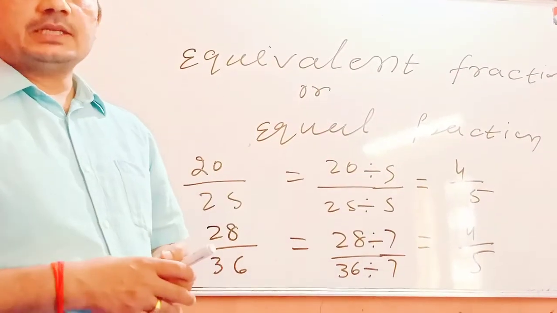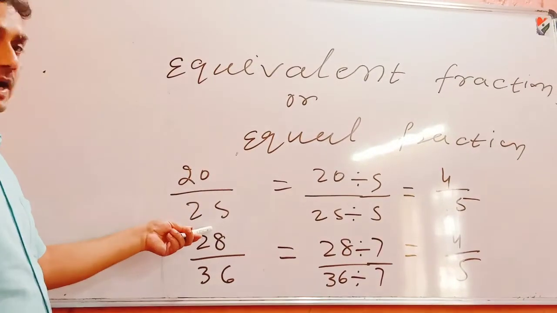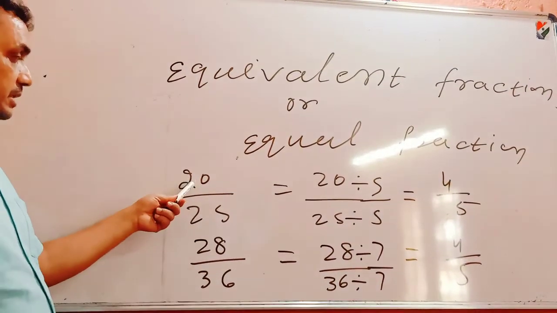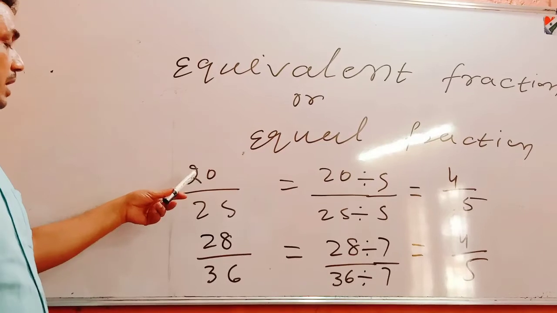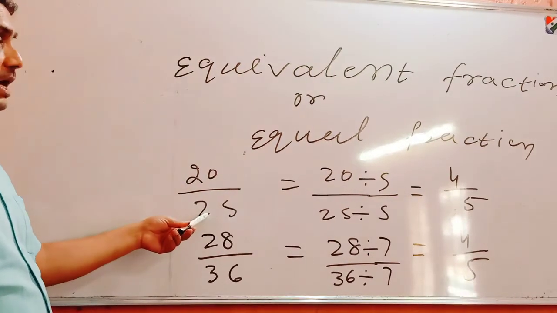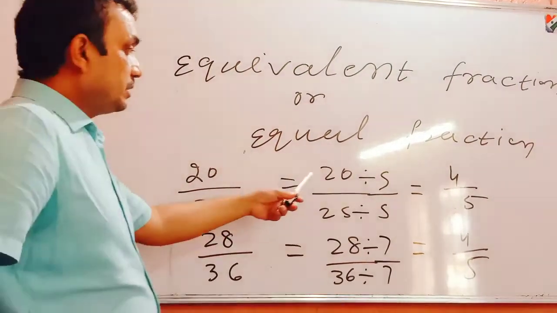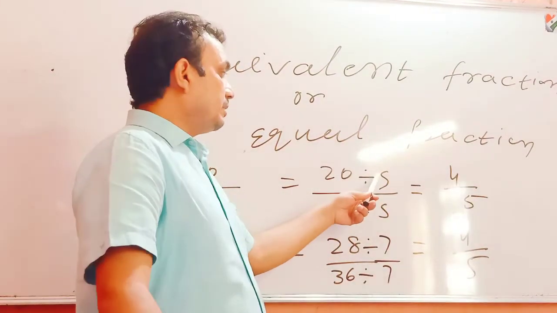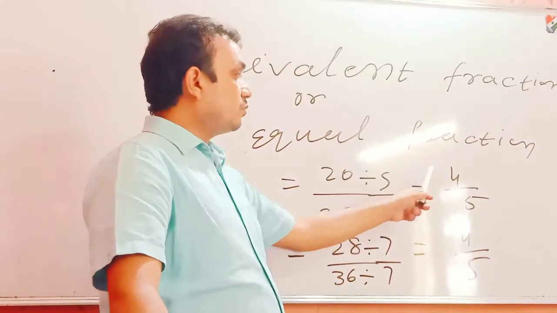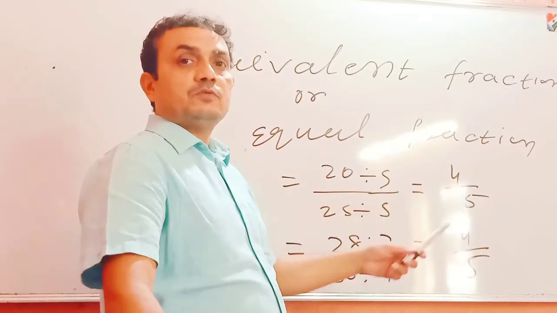I am giving an example: 20 by 25. In this fraction, the HCF of 20 and 25 is 5, and 20 by 25 divided by 5 by 5: 5 fours are 20 and 5 fives are 25, so 4 by 5.